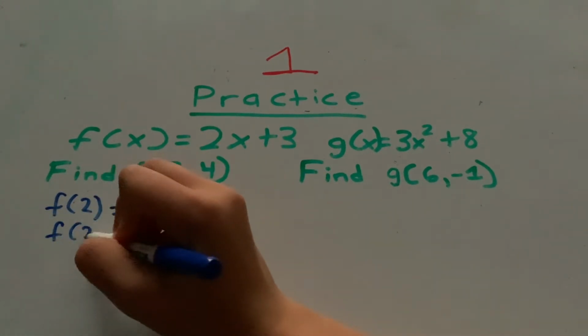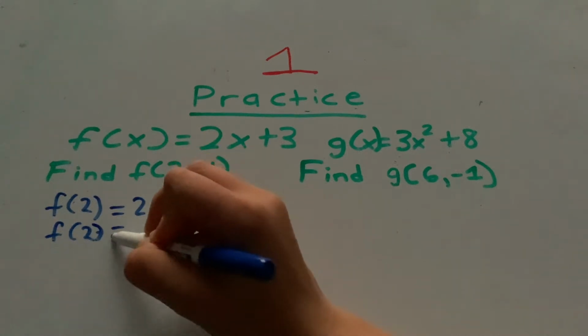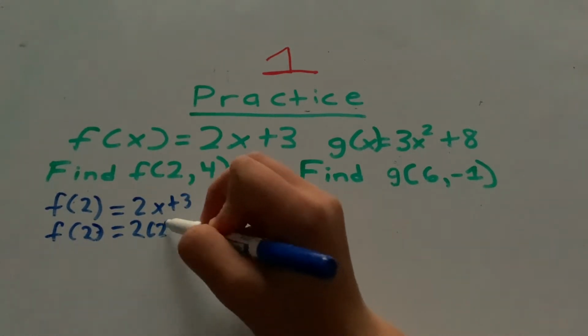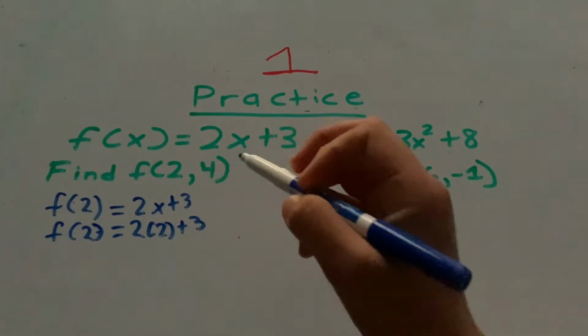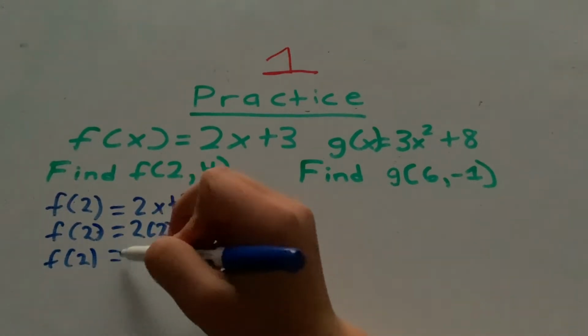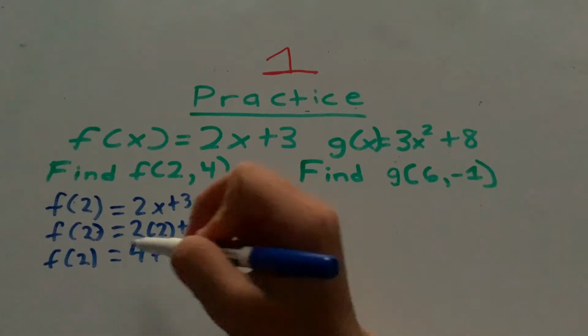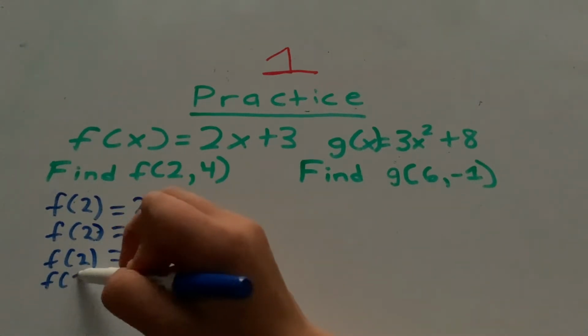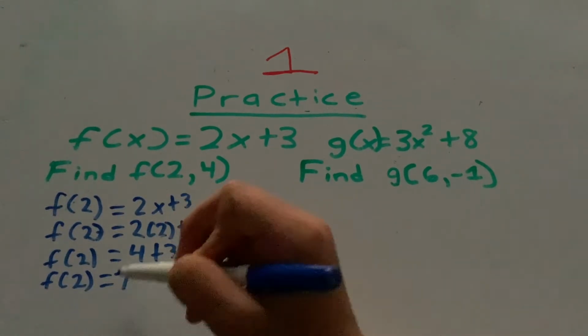Then we're going to go to f of 2 and plug in the x. And then from there, we can solve. f of 2 equals 4 plus 3, and then f of 2 equals 7.